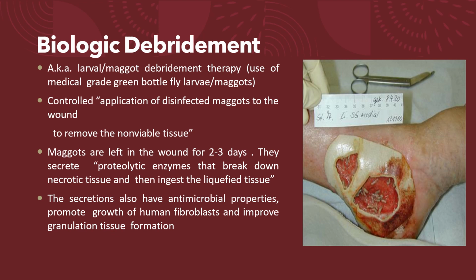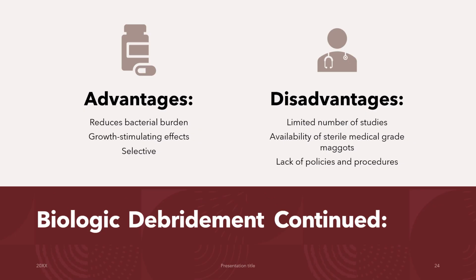The secretions also have antimicrobial properties, promote growth of human fibroblasts, and improve granulation tissue formation. The advantage is reduced bacterial burden and a growth-stimulating effect. The disadvantages are the limited number of studies, availability of sterile medical-grade maggots, lack of policies, and some psychological issues.